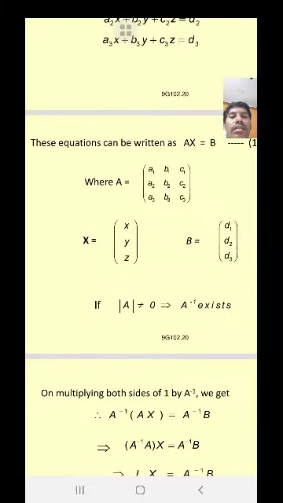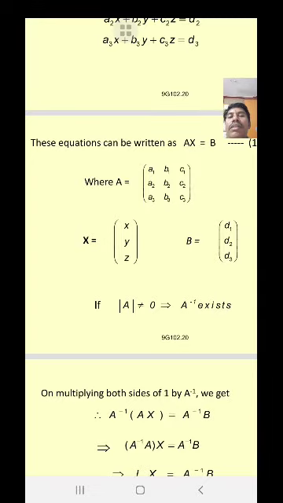These equations can be written as AX equals B, where A you can write as a matrix from the three equations' coefficients, that is a1 b1 c1, the second row is a2 b2 c2, and the third row is a3 b3 c3.